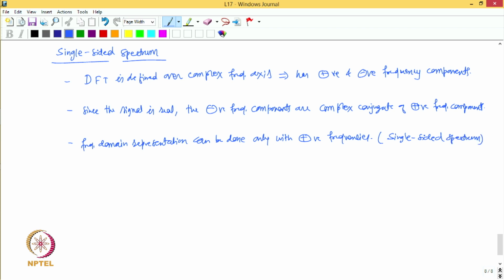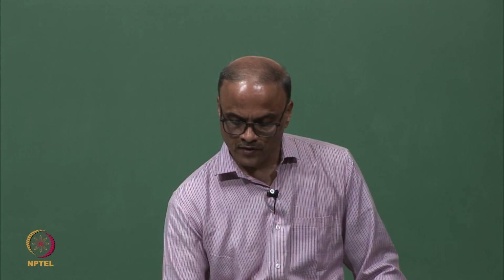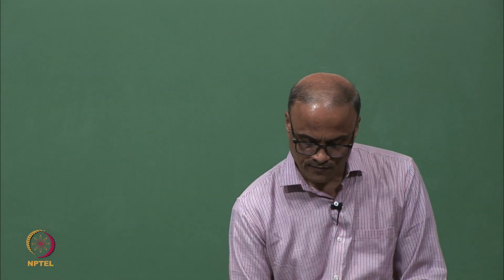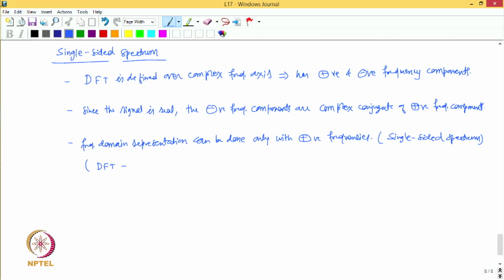While the DFT, because it is defined over positive and negative frequencies, is a two sided representation. So DFT is a two sided spectrum. So how can this representation be obtained?